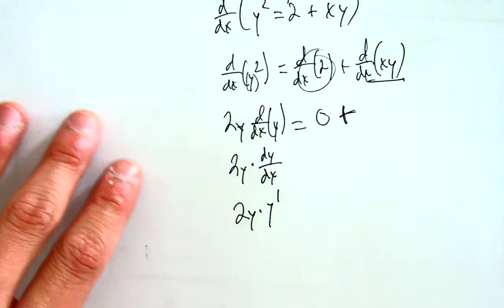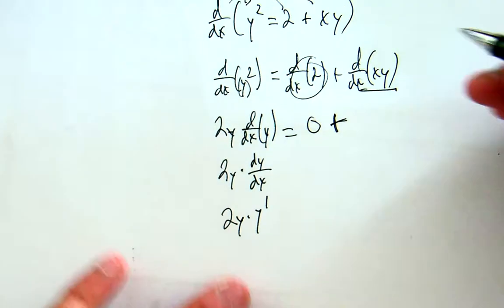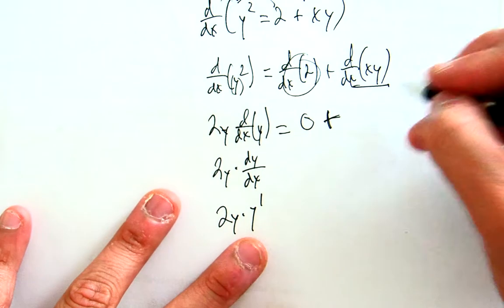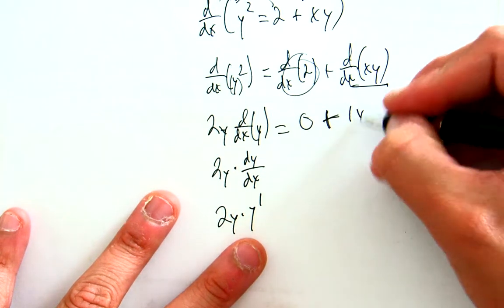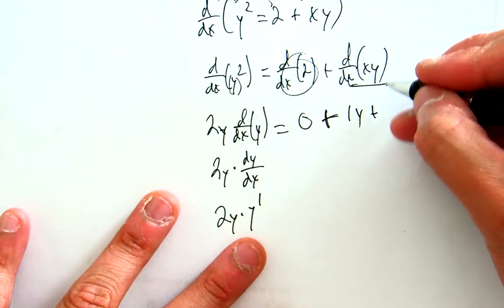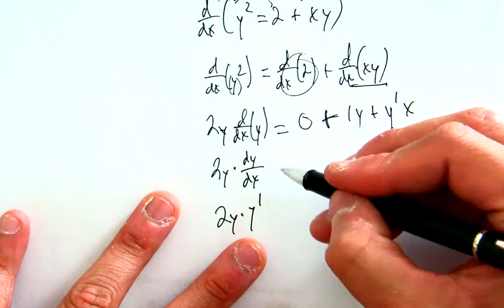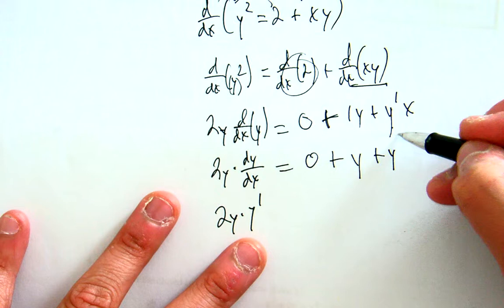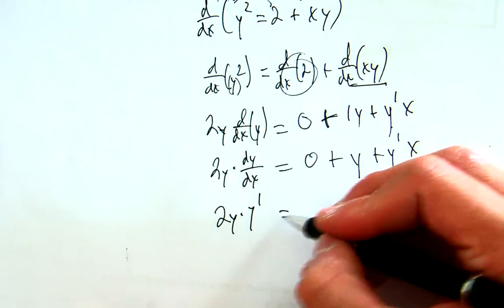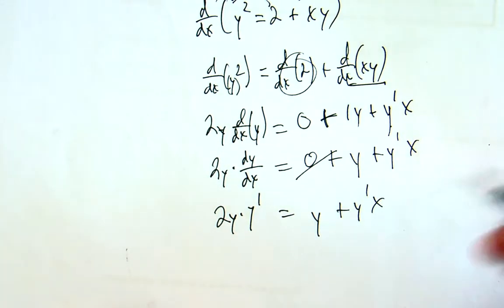Which rule do we have to use here? We have to use the product rule, right? So it's going to be the derivative of the first, which is 1, times the second, plus the derivative of the second, which is y prime, times the first. And we bring this down, so this is going to be 0 plus y prime x. We don't need the 0, so it's just y plus y prime x.